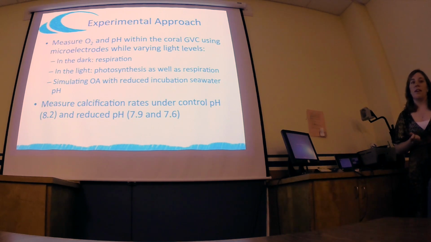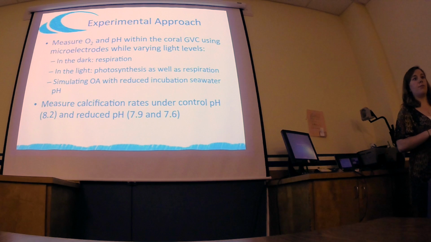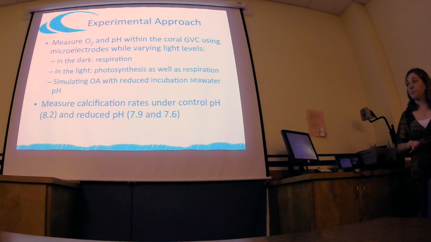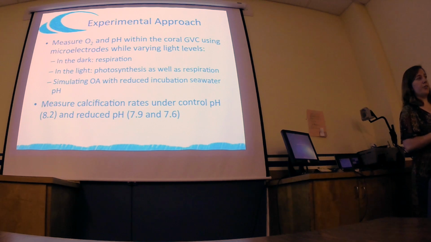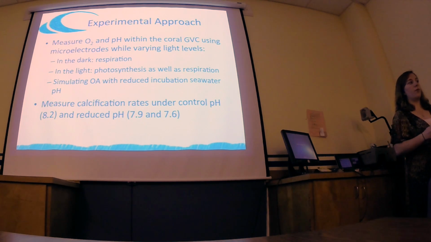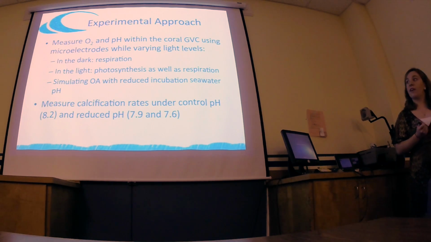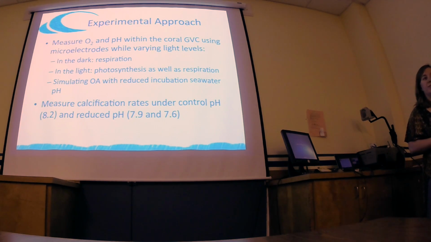And then in the light, I wanted to see GBC oxygen and pH and how they were changing with the addition of photosynthesis. Then I altered the seawater pH in order to simulate some expected effects of ocean acidification. And lastly, I measured the calcification at a control 8.2 pH and then 2 reduced pH values that are somewhat expected by the end of the century.